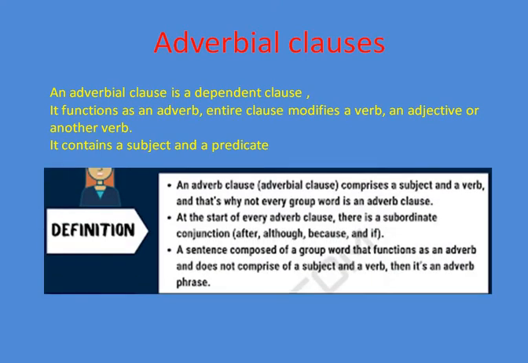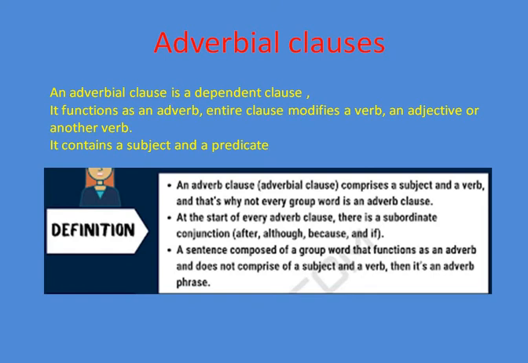Now, in the form of a picture, I am trying to give you more idea about adverbial clauses. An adverb clause comprises a subject and a verb, and that's why not every group of words is an adverb clause. At the start of every adverb clause, there is a subordinating conjunction like after, although, because, so, if, so that.